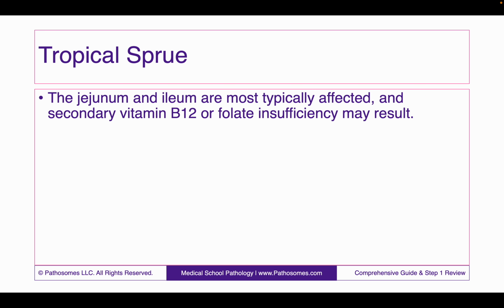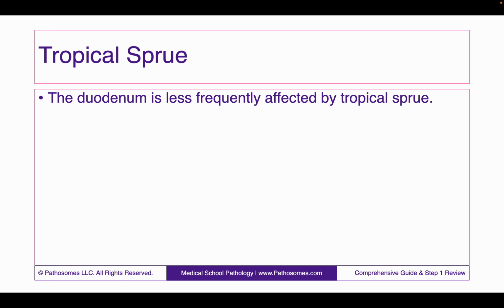The jejunum and ileum are most typically affected, and secondary vitamin B12 or folate insufficiency may result. The duodenum is less frequently affected by tropical sprue.